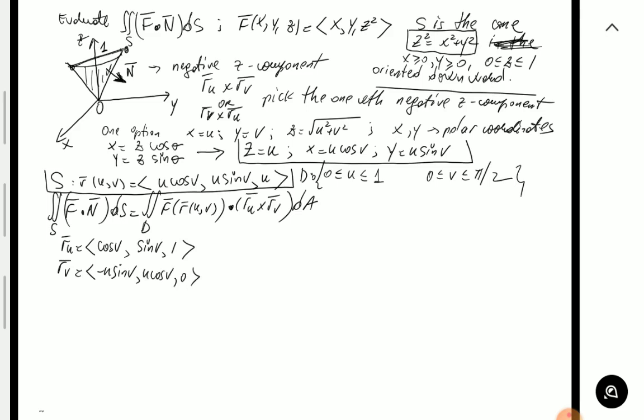So we did it before. And then ru cross rv is going to be minus u cosine of v, followed by minus u sine of v, and then u, right, after you make that simplification.